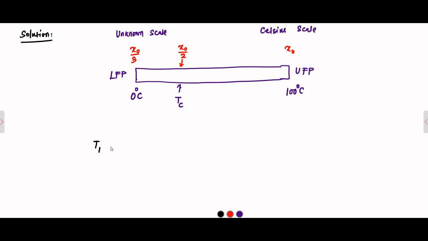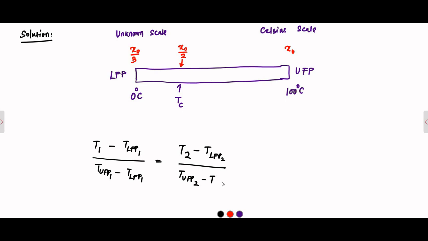Temperature in one scale, minus its lower fixed point temperature, by the upper fixed point temperature in that scale minus the lower fixed point temperature, is equal to the temperature in the second scale minus its lower fixed point, by its upper fixed point temperature minus the lower fixed point temperature. Now here we have the unknown scale and we have the Celsius scale. So this interconversion will look something like this.